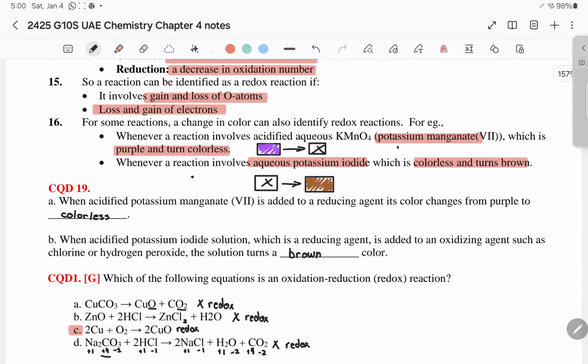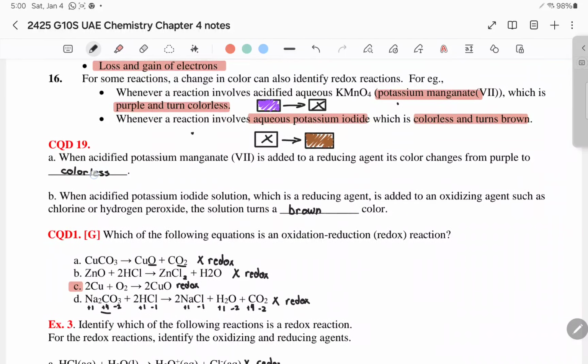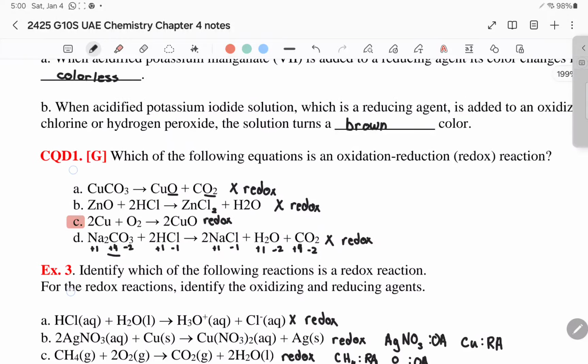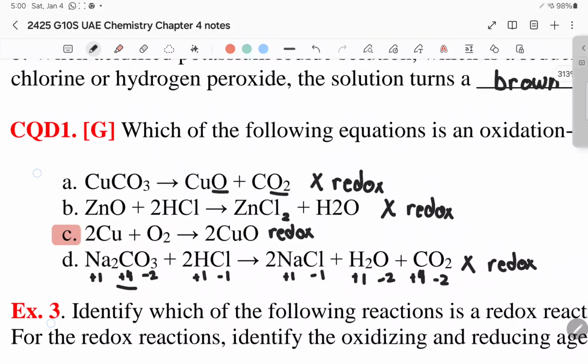And that's our next CQD. When acidified potassium manganate is added to a reducing agent, the color changes from purple to colorless. And when you add potassium iodide, which is a reducing agent, to an oxidizing agent, it will turn brown in color. Now here they're asking us which of the following are redox reactions.